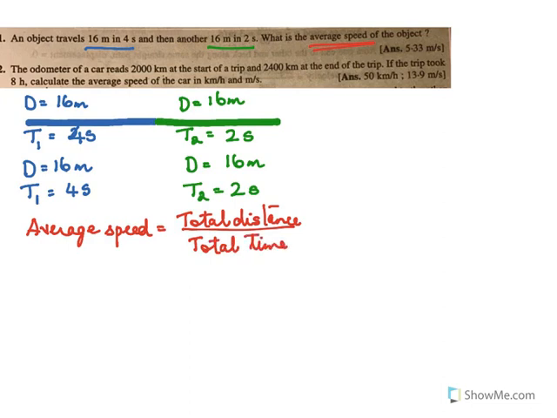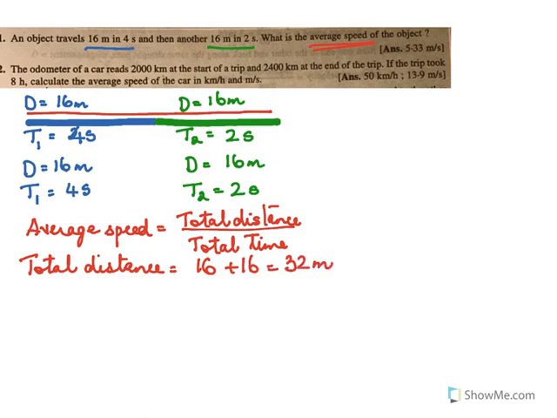The total distance will be this full distance, 16 plus 16, that is 32. So the total distance here will be 16 plus 16, and that is 32 meters.